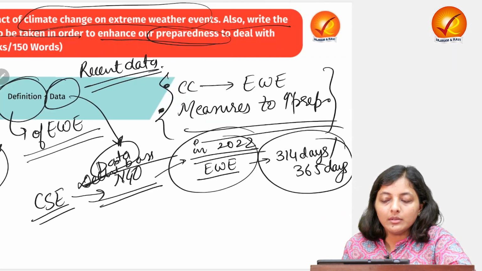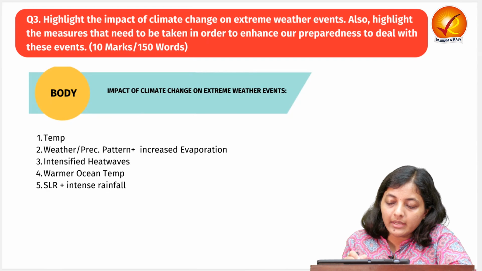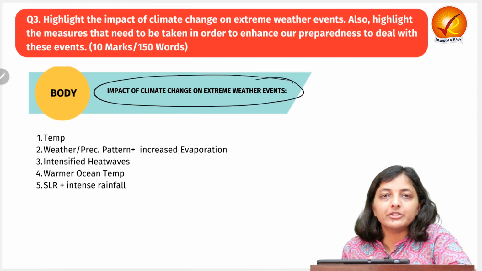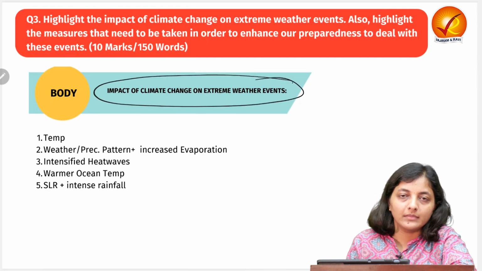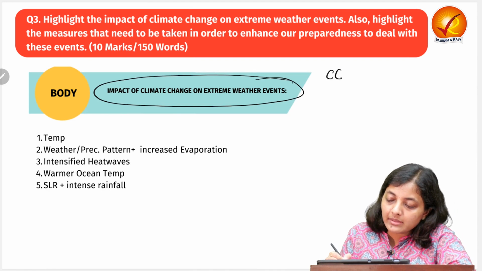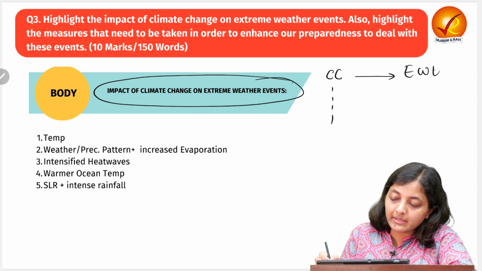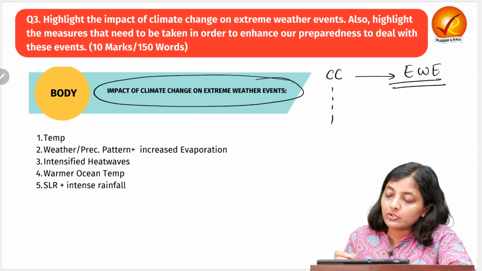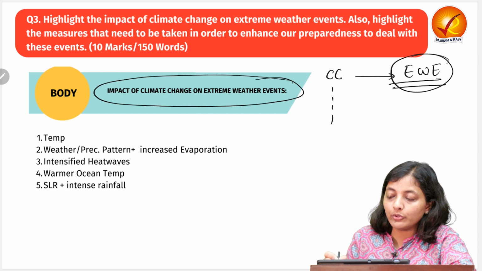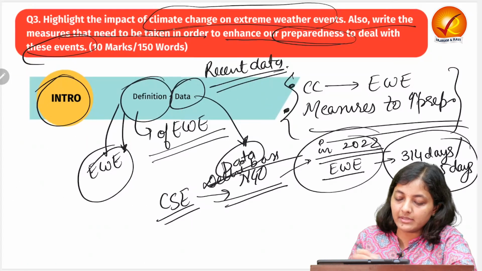So let's come to the body part. It is asking about the impact of climate change on extreme weather events. So we have to tell what climate change does and how it is impacting extreme weather events. For that, you have to know what the extreme weather events are.